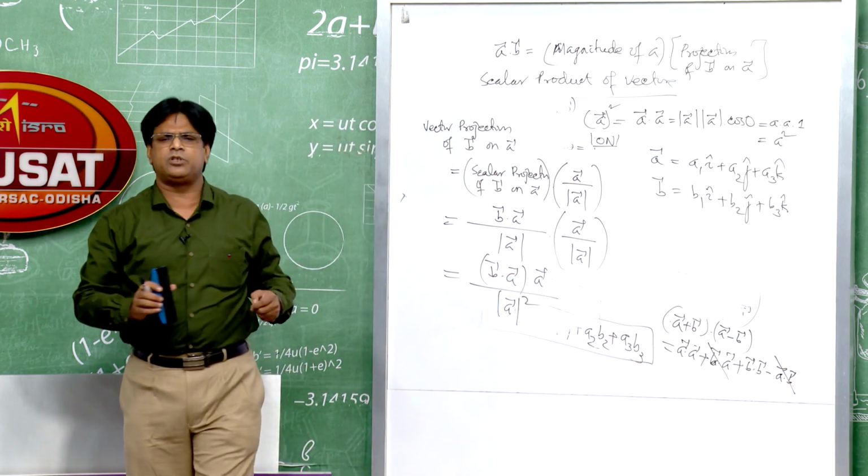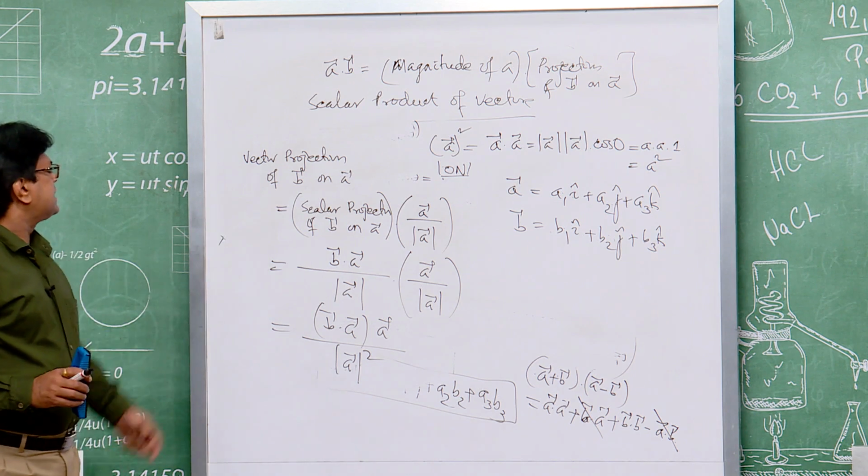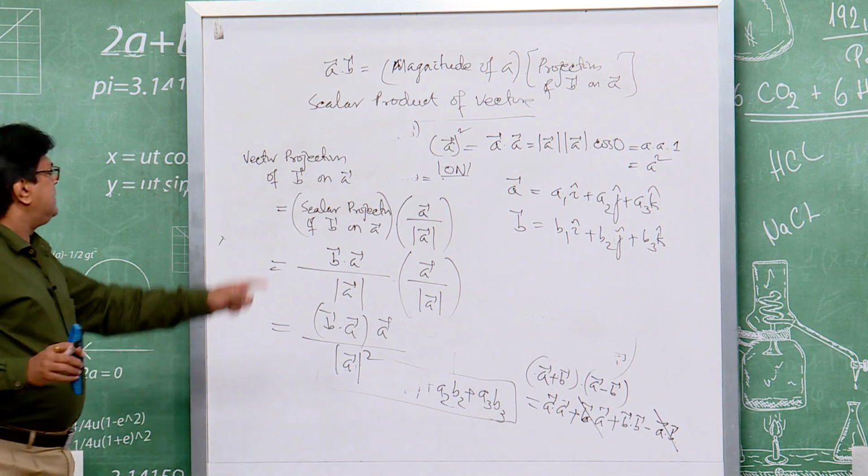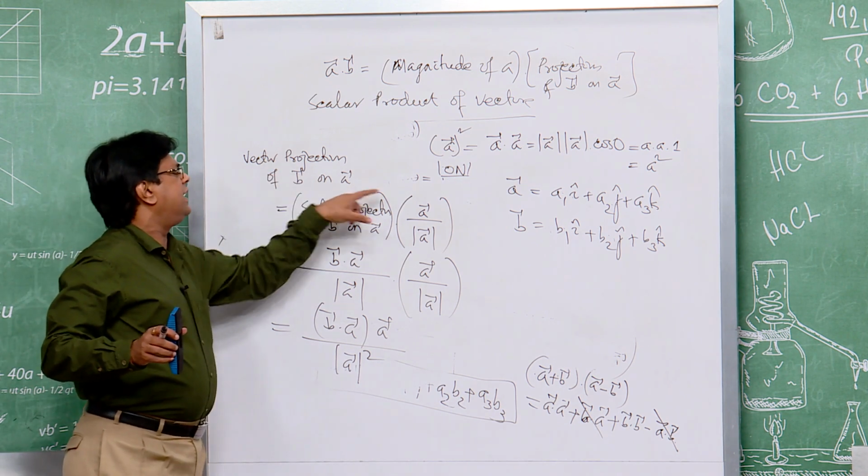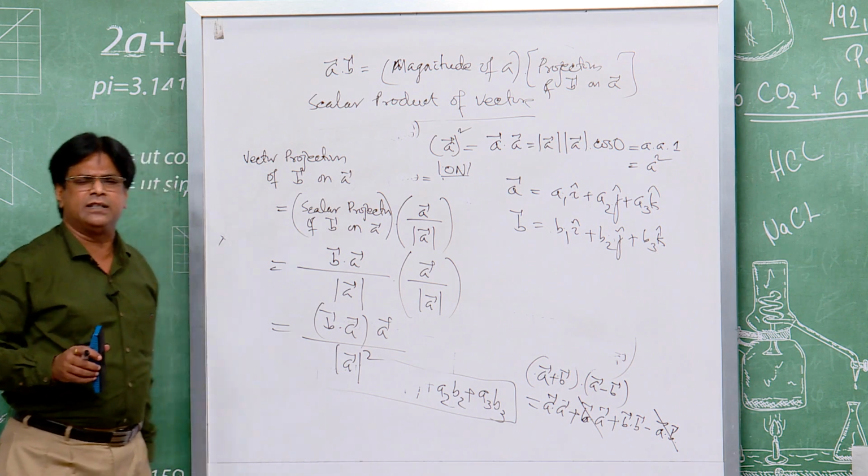That is, the scalar projection into the direction in which you have to determine the vector projection, that is the unit vector along the A vector.